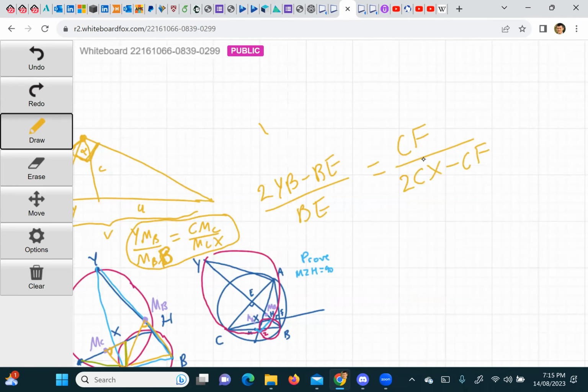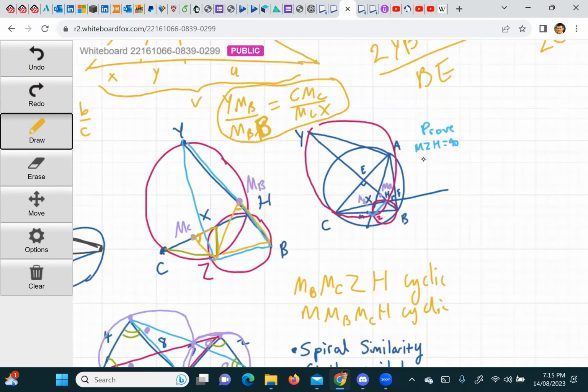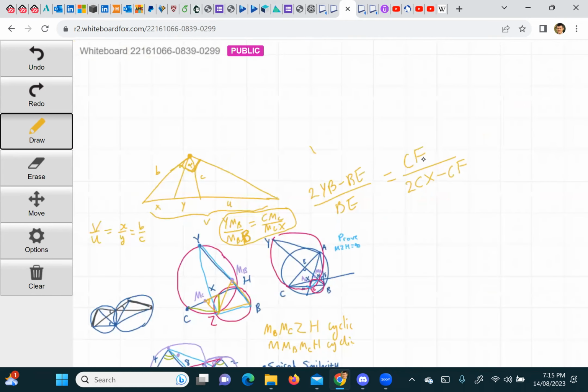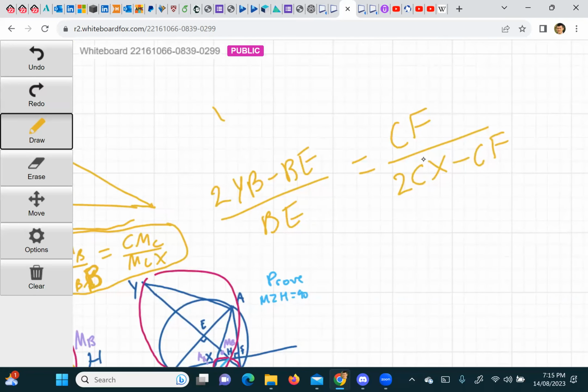Wait, do I have it upside down? I have this ratio upside down, don't I? So I want to show YMB on MBB equals CMC on MCX. CF.